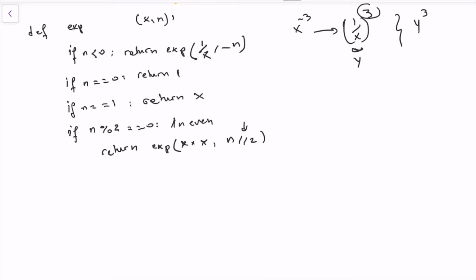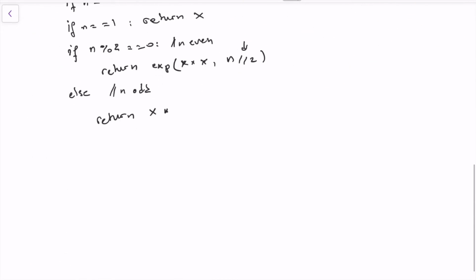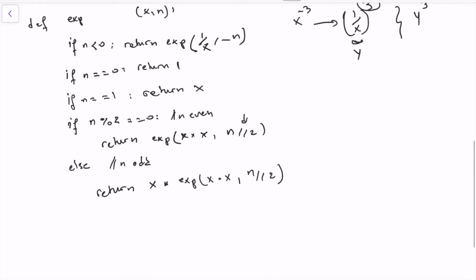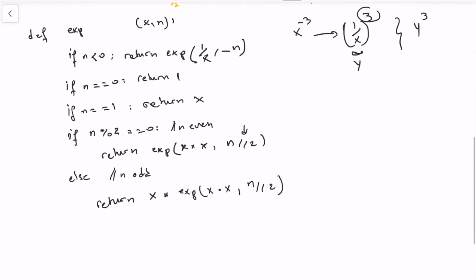And then for when n is odd, which is the last else case here, then we could just return x multiplied by the same thing we are doing here, multiplied by exponent of x squared, which is x multiplied by x, and n divided by 2. And so that's pretty much the algorithm to do here.